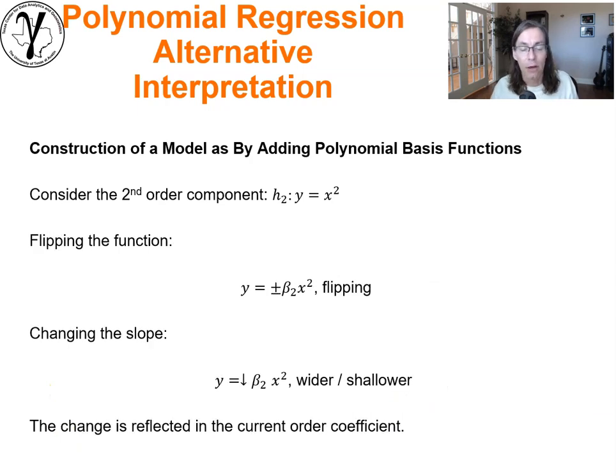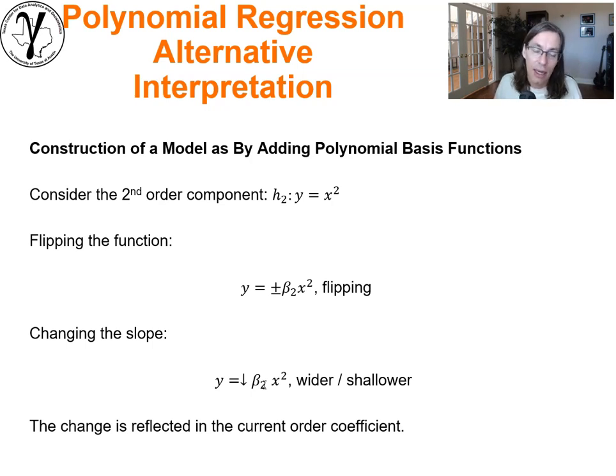What about flipping the function? Well, that's simple. Just change the sense of the coefficient in front of the x squared term, and you can have a parabola going up or down. You can flip it upside down, and you can change the slope by changing the second order or the squared term to make it go wider and shallower or steeper. So in other words, you can think of us taking a parabola, moving around our space and trying to fit it to the data.